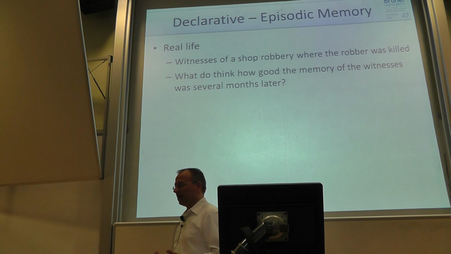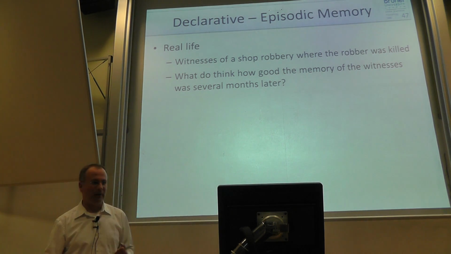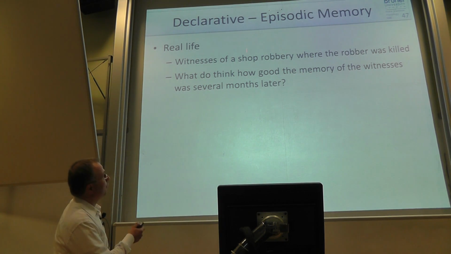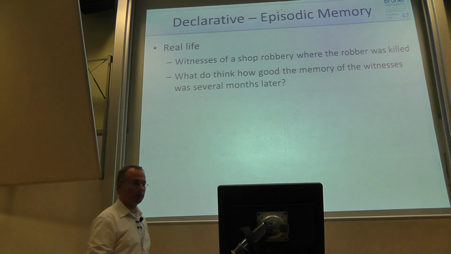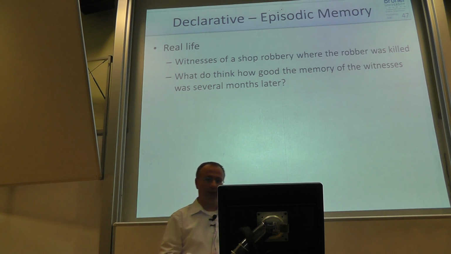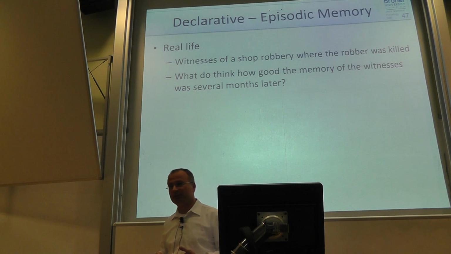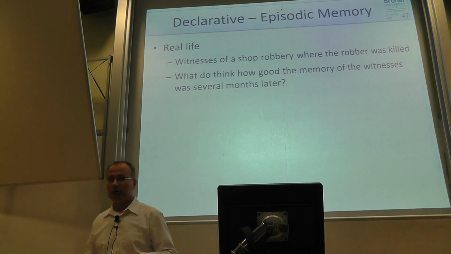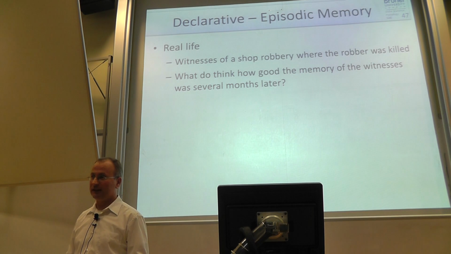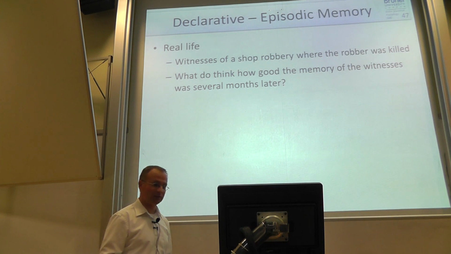So, in this study, it was done on witnesses where there was a shop robbery, and during that robbery the robber was shot. So it was really a very intense event for the witnesses.